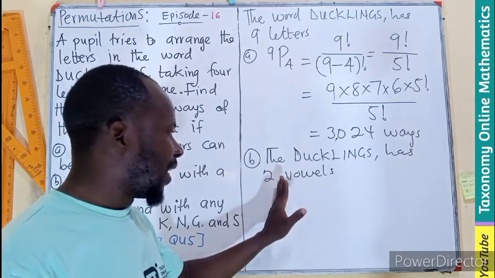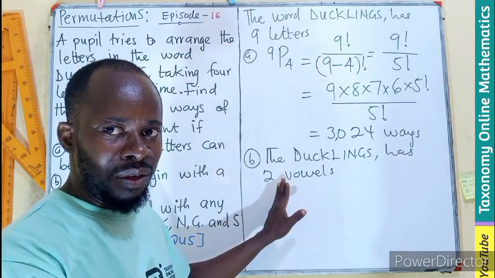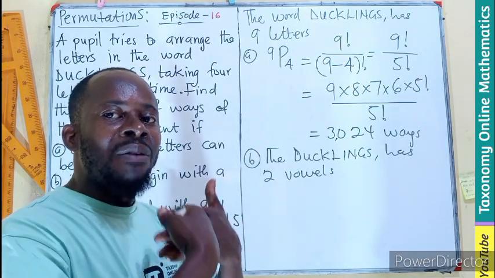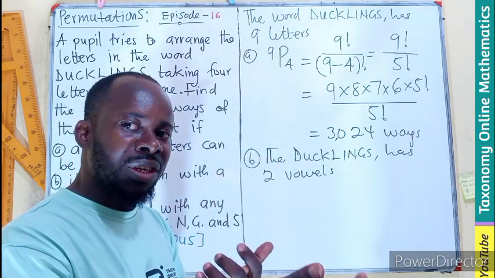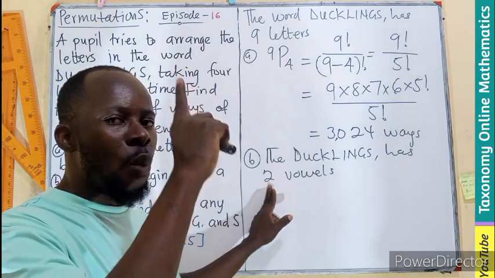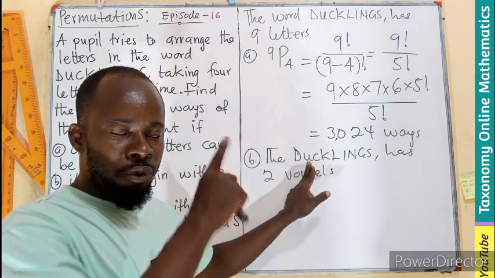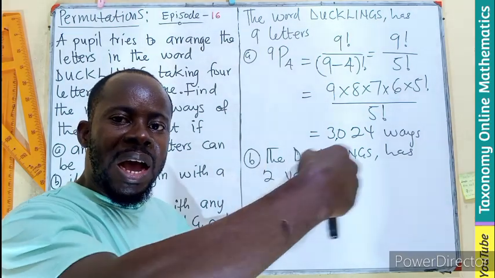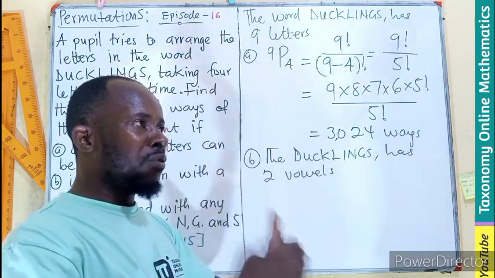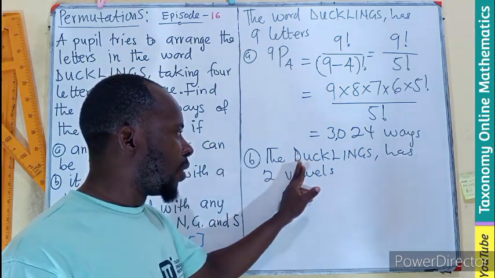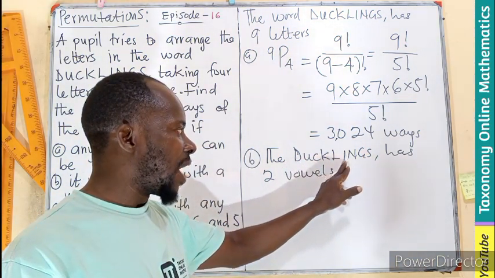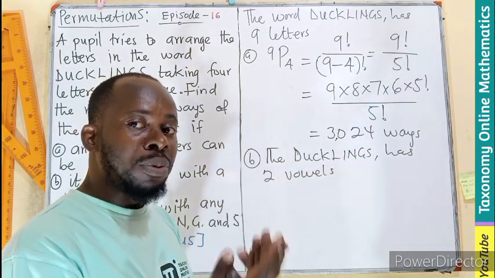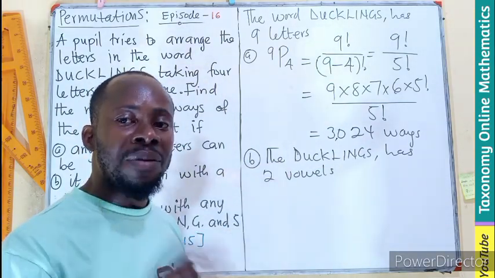Then you will be left with 3 spaces to fill, since there are 4 letters. The 3 spaces could be either a vowel or a consonant; there's no restriction. So after I pick one of them, which is U, the position is occupied. Then how many options are left to pick from for the next position? 1, 2, 3, 4, 5, 6, 7, 8. I'll be left with 8 options to pick from. In those 8 options, how many positions are left? 3.